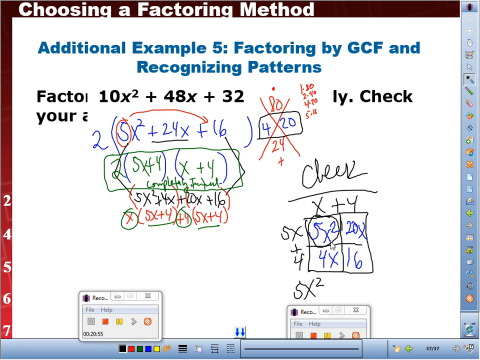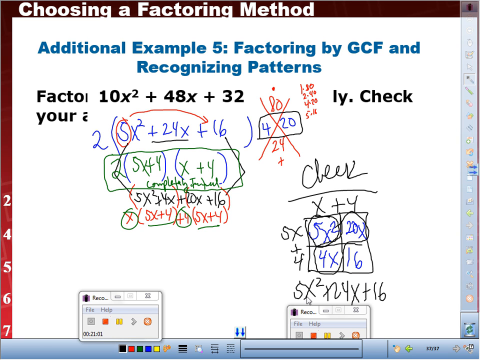I'm going to draw my peanut right here. 20 plus 4, that's 24x. And I bring down the 16. Am I done? No, don't forget about the BFF, which is 2. And we distribute. This becomes 10x squared plus 48x plus 32. Did we end up with what we started? Yep.